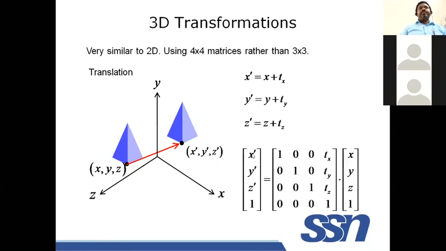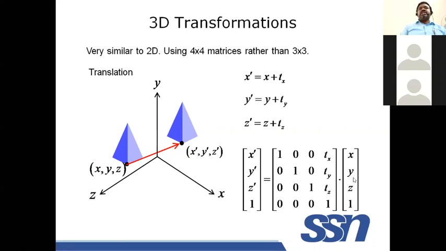Now, the matrix form for this particular corner: x prime, y prime, z prime, 1 is equal to the transformation matrix. You have to remember this. This is a 4x4 matrix. The diagonal is 1, the lower row will be 0, and the last column is tx, ty, tz: the small variation del x in the x-axis, del y in the y-axis, and del z in the z-axis.